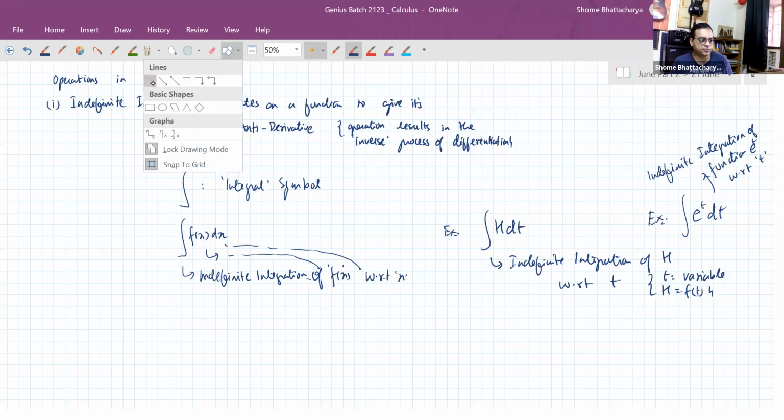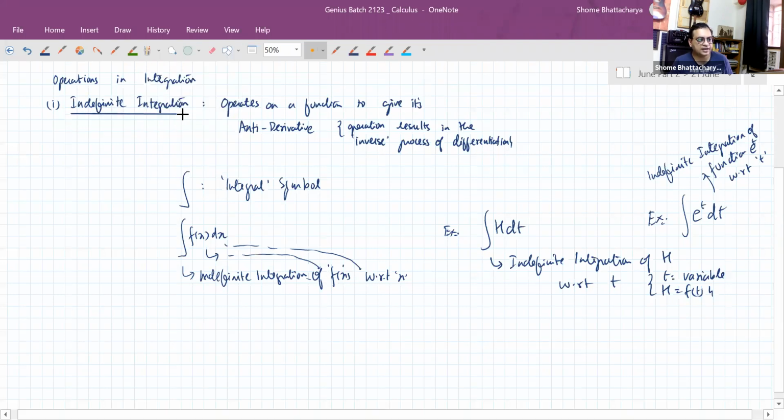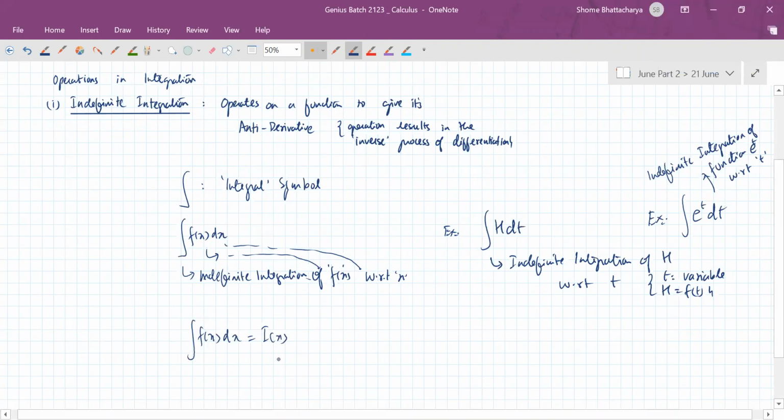Okay, so let's now understand the meaning of the term antiderivative and what indefinite integration does. The output of the operation of indefinite integration on a function is another function which is called the antiderivative.